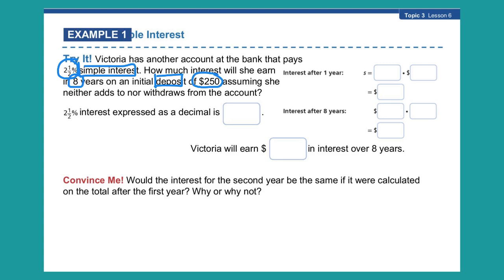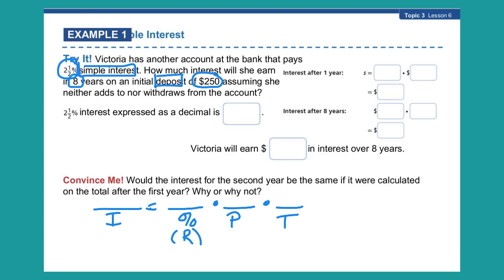So I'm not going to use their boxes. I'm going to use our new and improved format. The interest is going to be the percent times the principal times the time. Remember, this is called a rate.